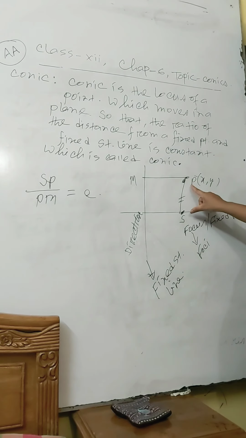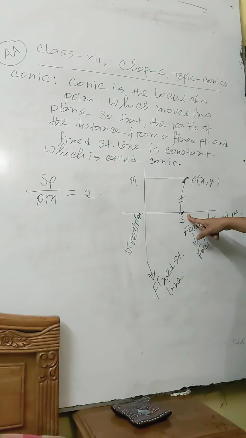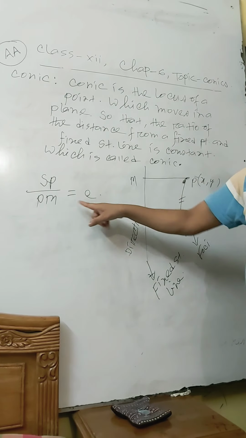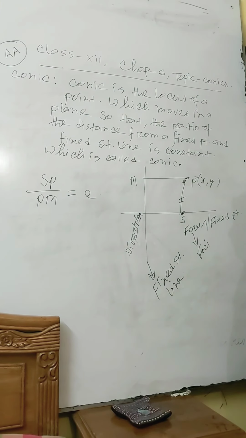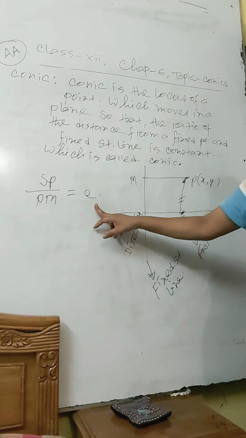This constant is generally denoted by e, where e is known as eccentricity.